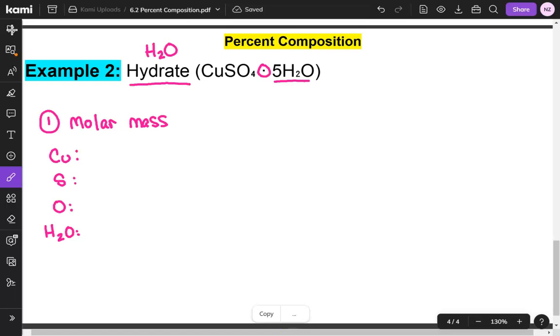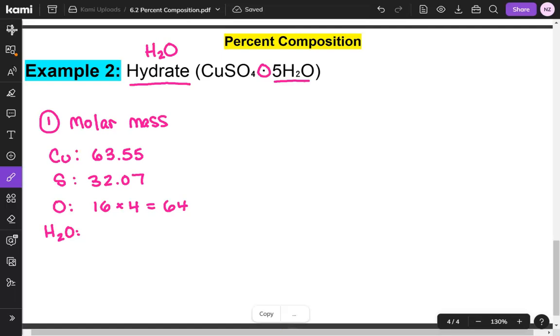All right, so copper, if I look it up on the periodic table, is 63.55. Sulfur is 32.07. Oxygen is 16, and there's 4 of them in our compound, not including the water, so that's going to be 64.